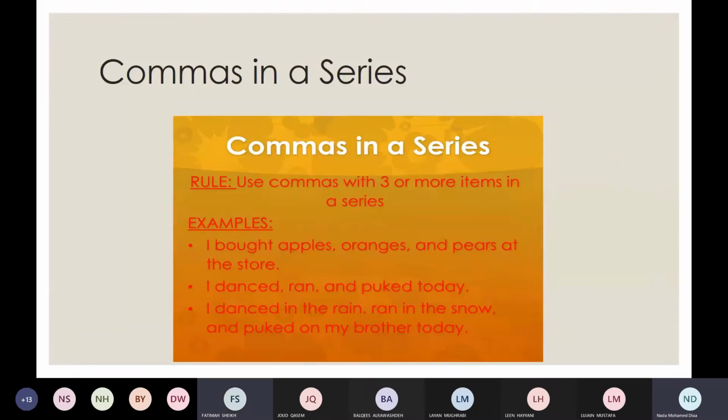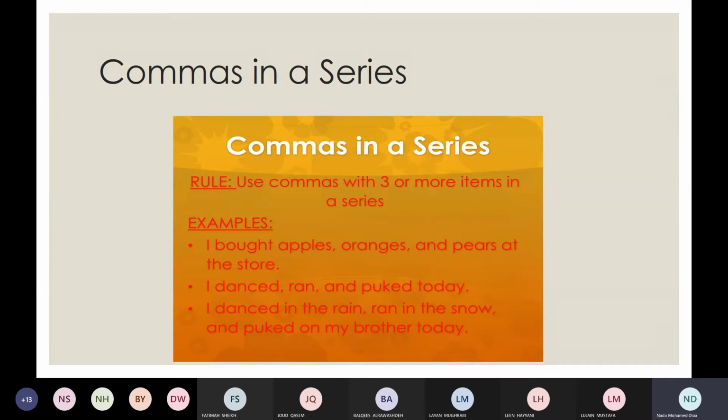Yes. Okay. Commas, first one is commas in a series. When I am listing, so I have, I bought books, comma, pencils, comma, erasers, comma, and rulers.